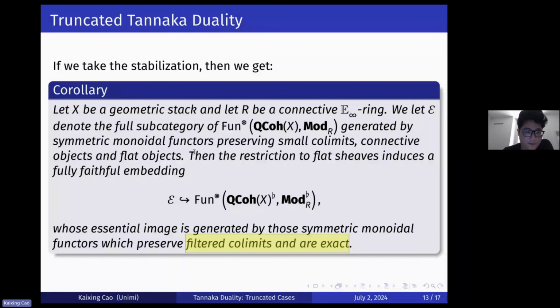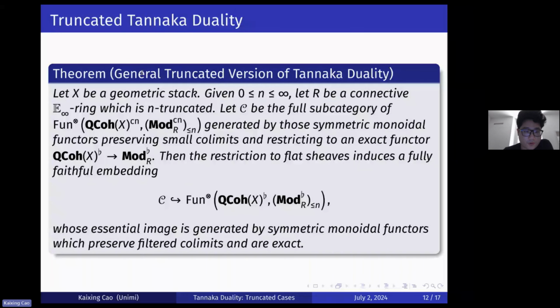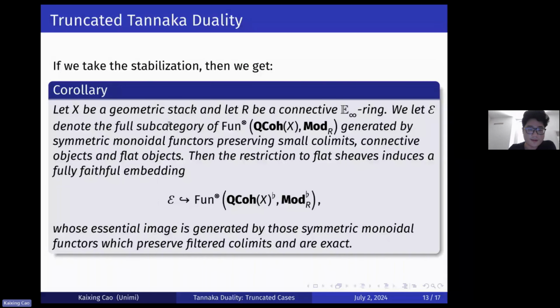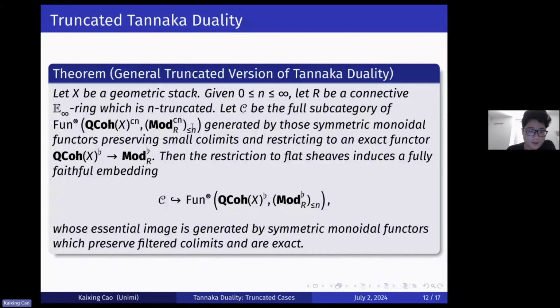Let's prove this corollary using this general truncated version of the Tannaka duality. The point is just to take the stabilization, because here we only know what happens for the connective objects.